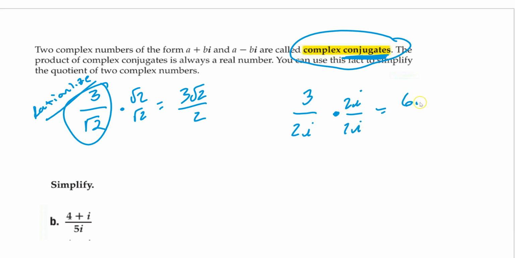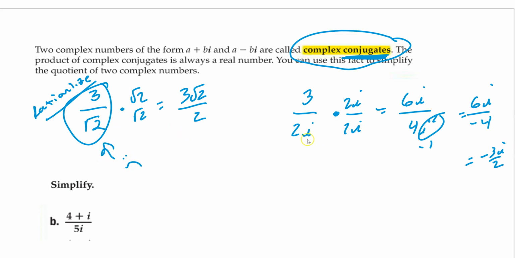And then you get 6i over 4i squared. Well, see that i squared makes it a negative 1. So I get 6i over negative 4, also known as negative 3i over 2. It's kind of the same idea, how you're not supposed to have this in the denominator. So that's how you rationalize an imaginary number.